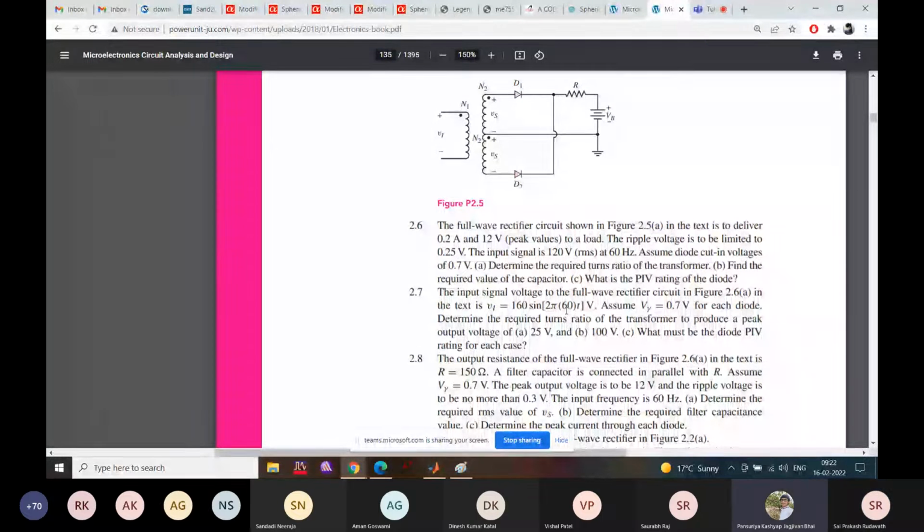So what is the value of R here? R, 60 ohms is given. No, sir. Just wait. Voltage and current are given, sir. Yes, sir. Great.